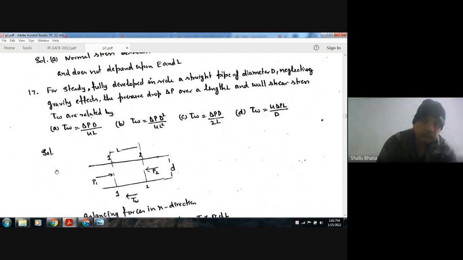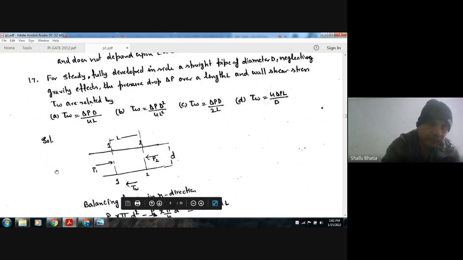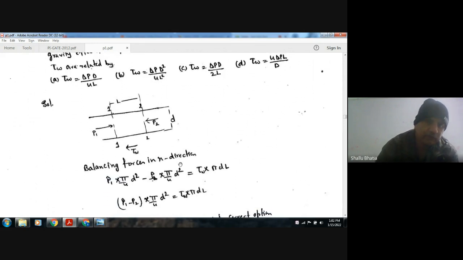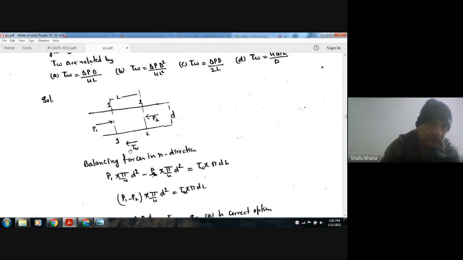Okay, so this is your pipe. At section 1 the pressure is P1 and at section 2 the pressure is P2, and in between there is length L, and tau W is the shear stress, D is the diameter. Now the area for pressures P1 and P2 is the same. So the force exerted will be from whichever is more.